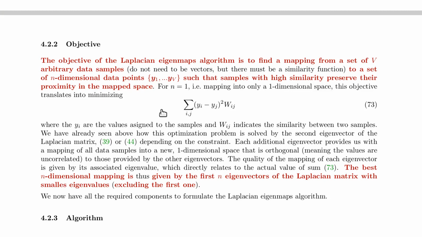So the first eigenvector is always the 1, 1, 1, 1 vector, which you ignore because it doesn't carry information about the structure. But then you take the second and third and fourth eigenvector, depending on the dimensionality at which you want to show or display or visualize the graph.